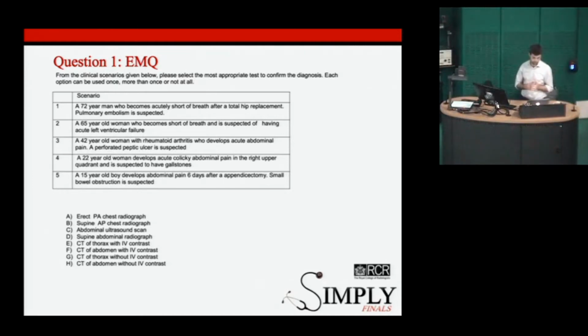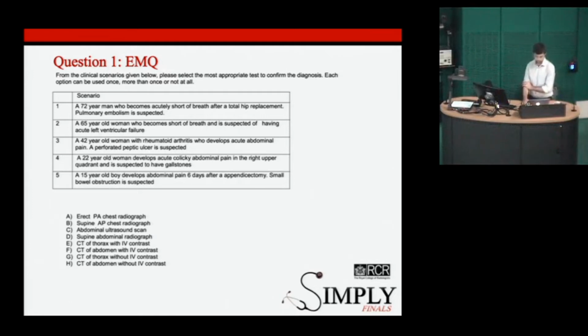Okay, for the first one, 72-year-old man, acutely short of breath, PE is suspected. What would we do? So CTPA is, which one's that on this? E? Anyone, anything different? No?